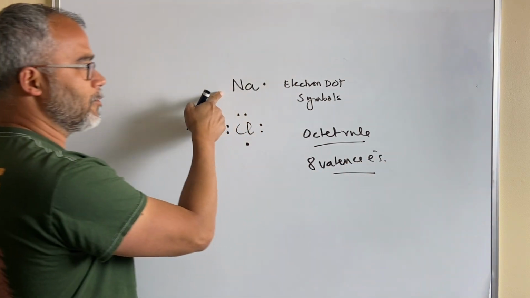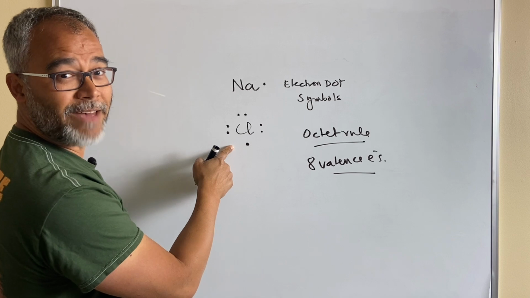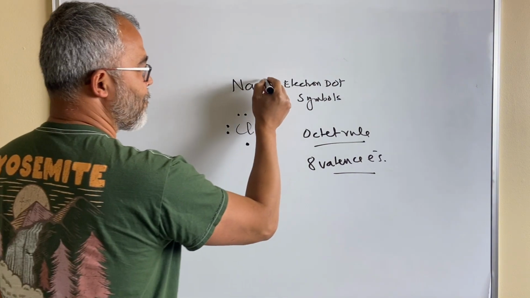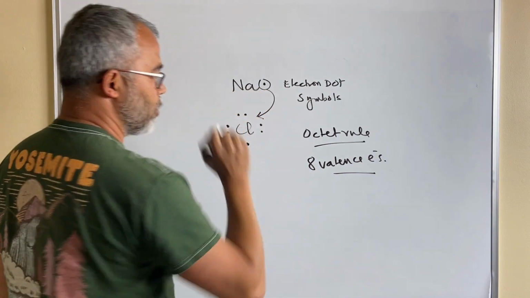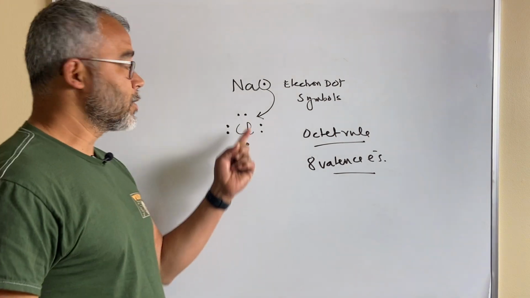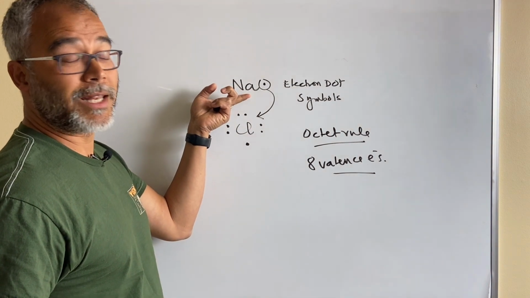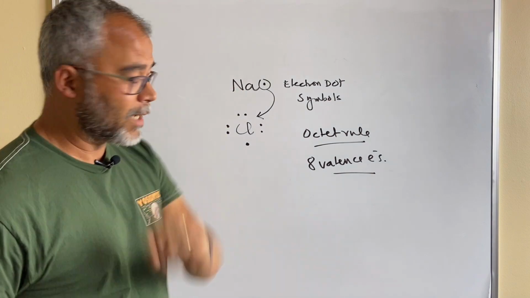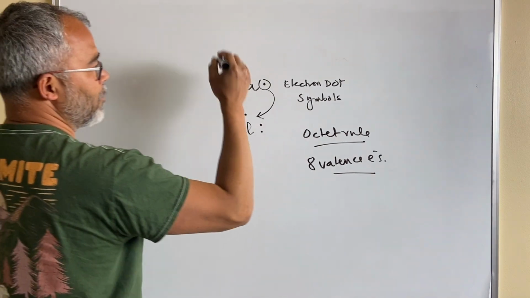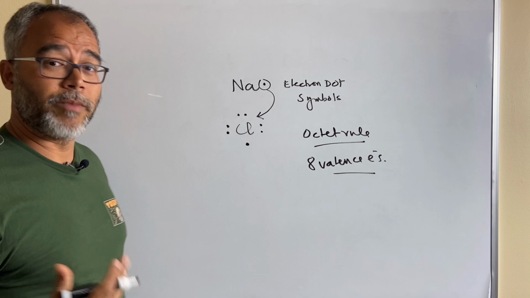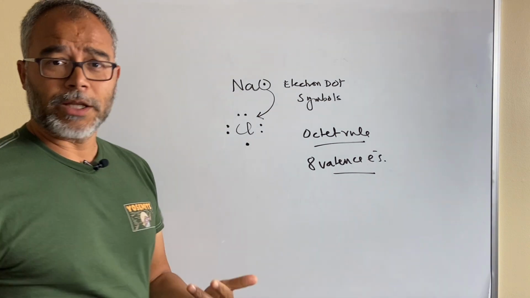As you can see, between sodium and chlorine, chlorine has 7, so 1 less than 8. So sodium is going to try to donate 1 to chlorine, and sodium is going to be left with nothing outside. If you look at the periodic table, I strongly urge you to pause the video and look at the periodic table.